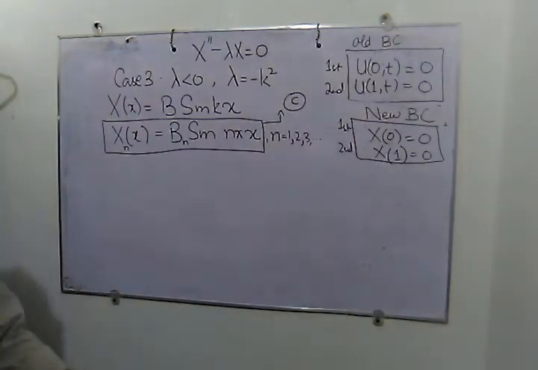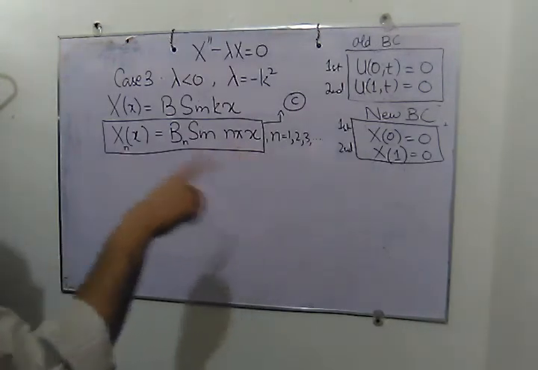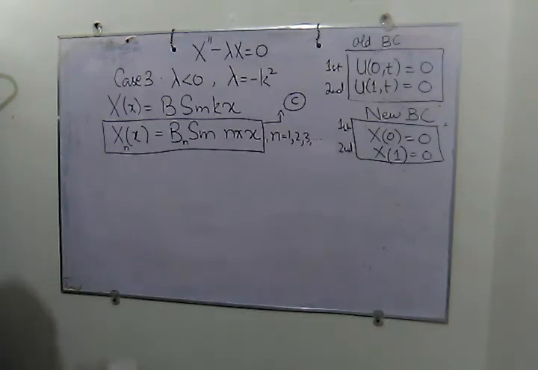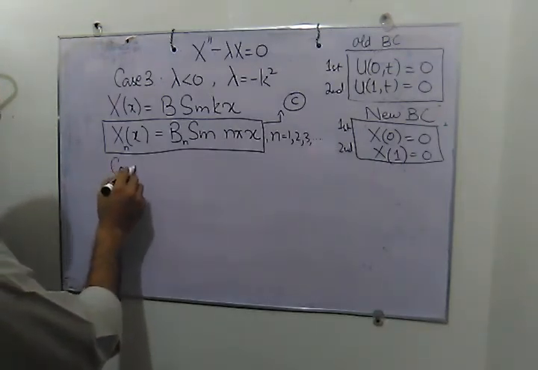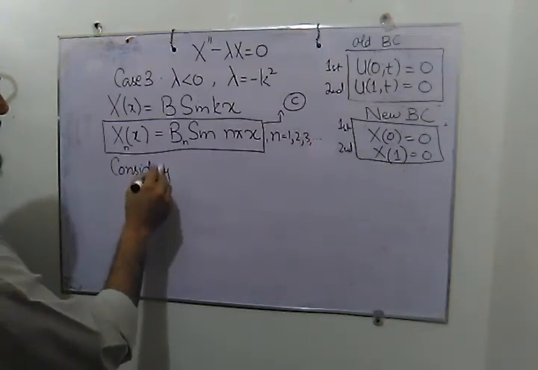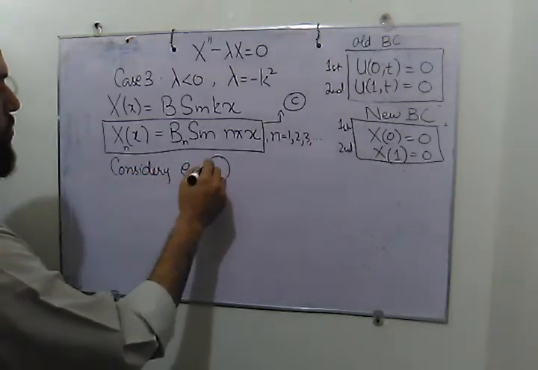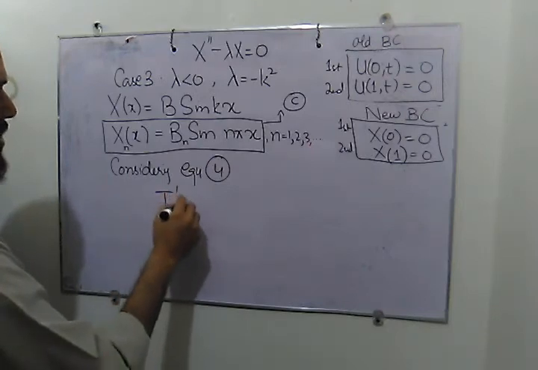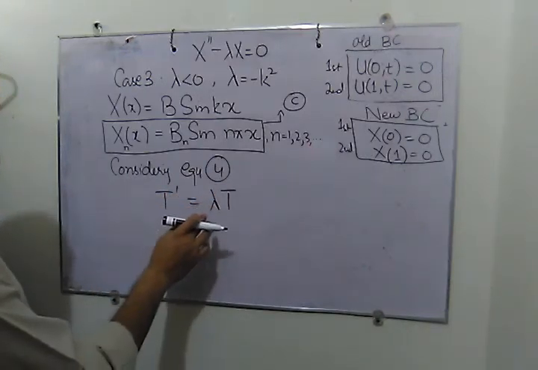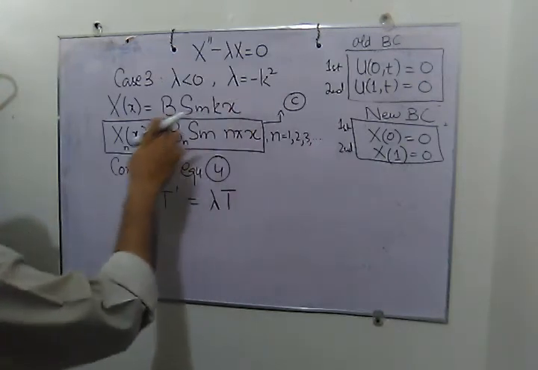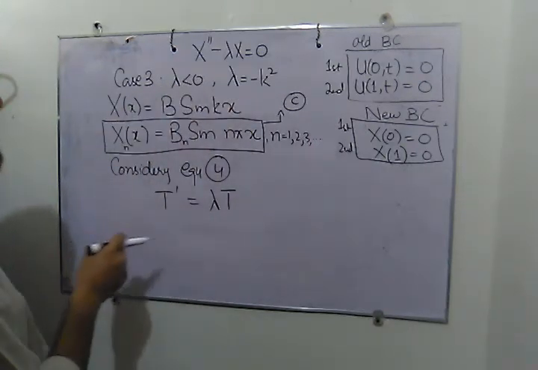If we find the solution of equation number 4, we can put these two in equation number 2 and we will get our solution of the partial differential equation. So considering the remaining equation number 4, which is a first order differential equation in t, we have found the solution of the x equation for lambda not equal to 0.